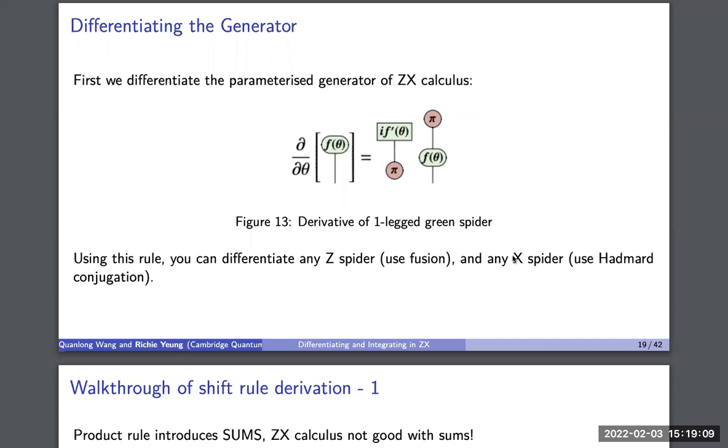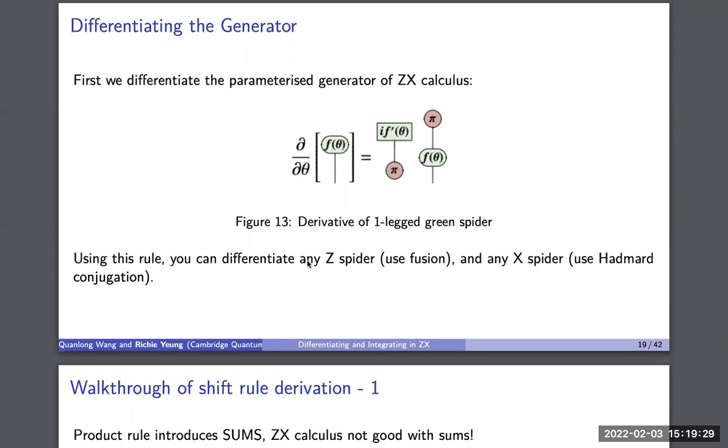So that's exactly what we're doing here. As a base case, we differentiate the one-legged green spider and you get something that looks like this. You add a red pi on, and then you multiply it by this f prime theta as per the chain rule.